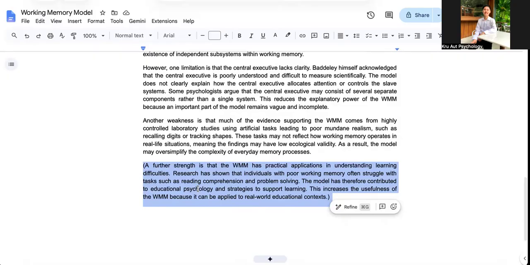Research has shown that individuals with poor working memory often struggle with tasks such as reading comprehension and problem solving. The model has therefore contributed to educational psychology and strategies to support learning. So I went with this because knowing how working memory works, how short-term memory works, would be useful for things like memory in real life.